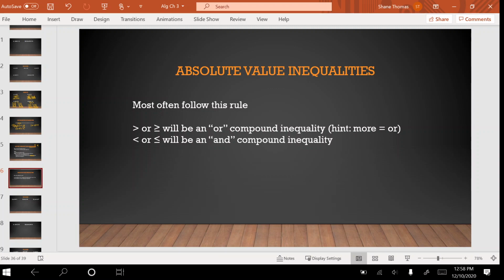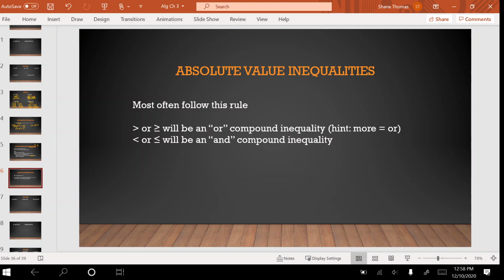I say most often because if there's a negative and you have to flip your sign, it could change on you. So I'm going to say 95% of the time it follows this rule. The way I remember the difference: more, greater than, or more than, more is or. It's just a little hint that helps you with graphing. I'm never going to ask you straight up, looking at this problem, is this an or or an and? We can graph these the same as before. It turns into a compound inequality, which we did last week.